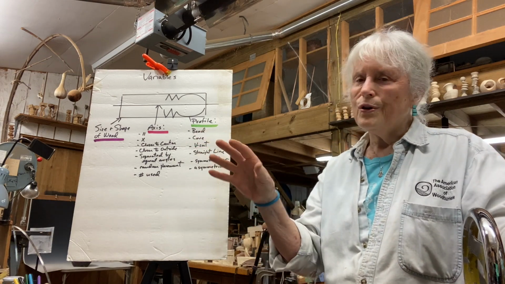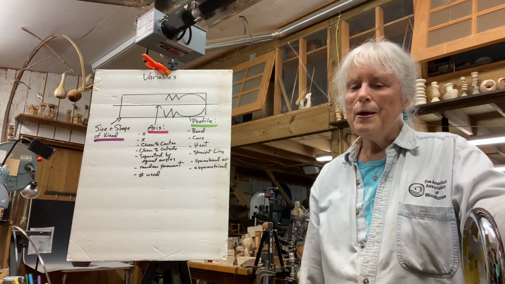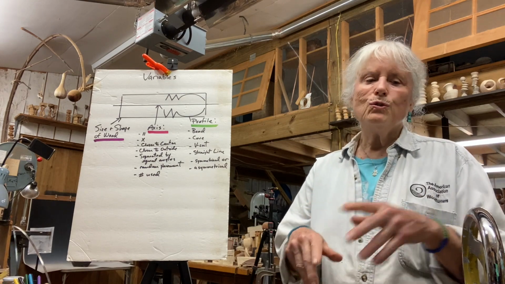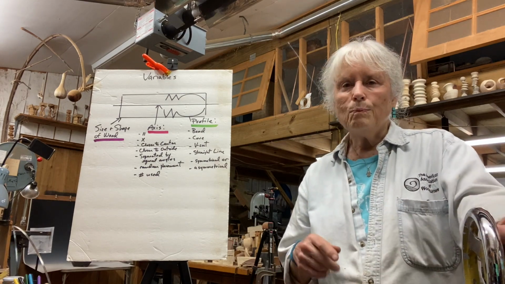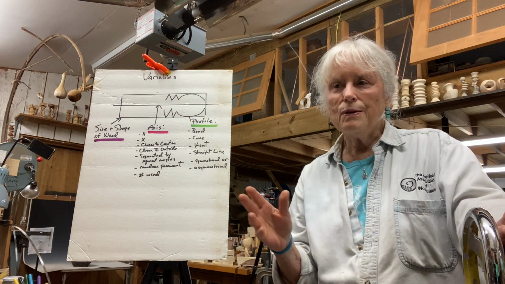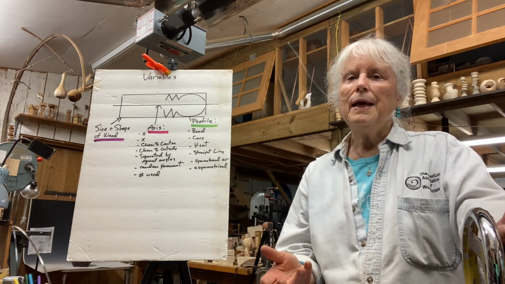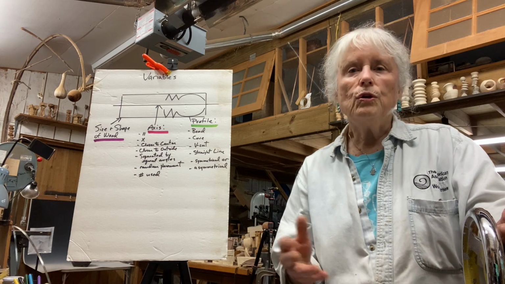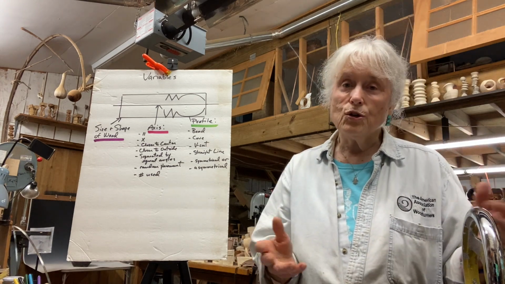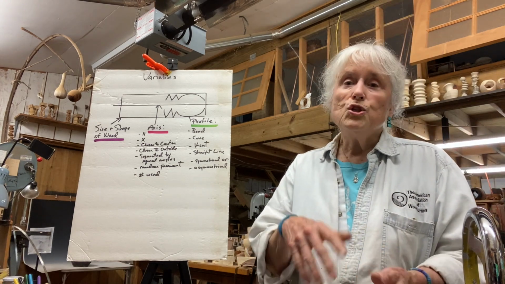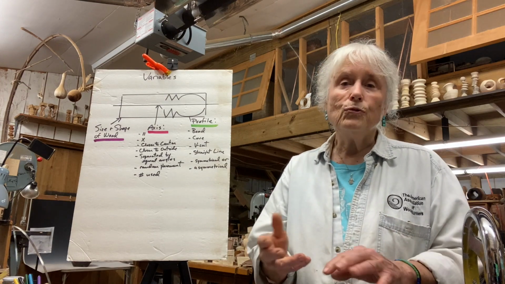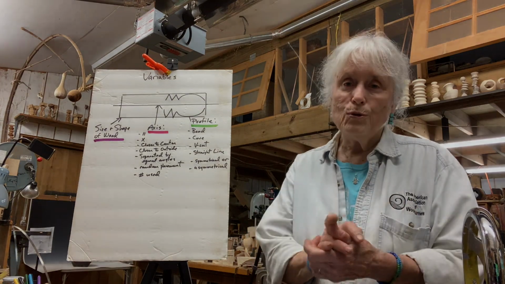But all of these variables fit into all of those. So this is where all the magic begins. This is why I think this is important information, because if you take the time to understand how all of it works together, you can create forms that are magical that you hadn't even thought about, just by playing with the variables, sort of like in music and notes and music theory.